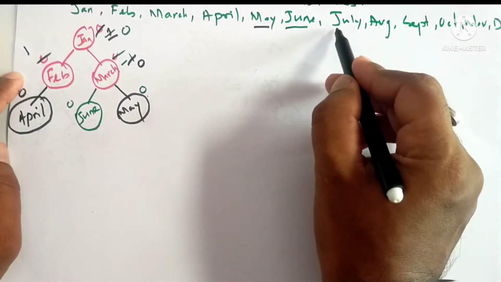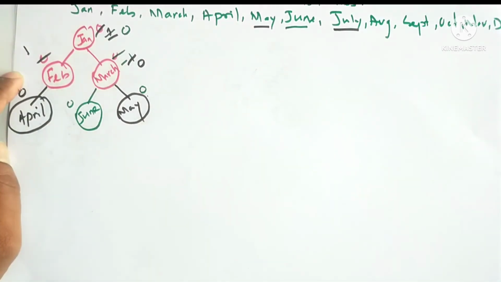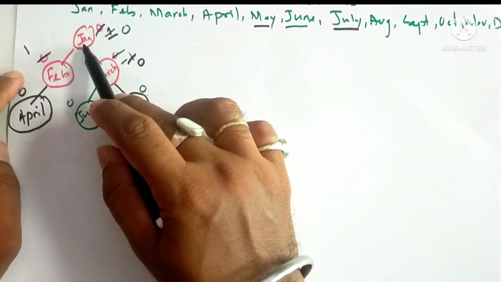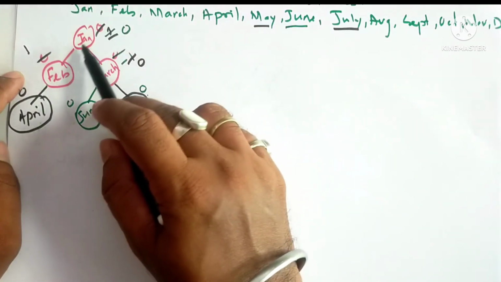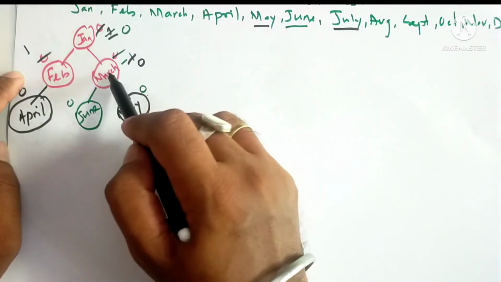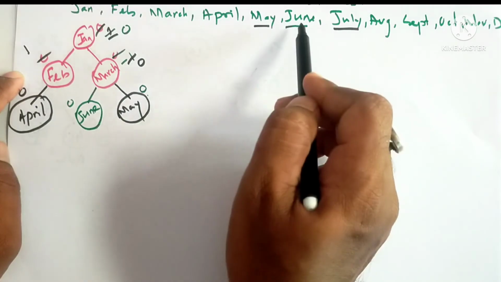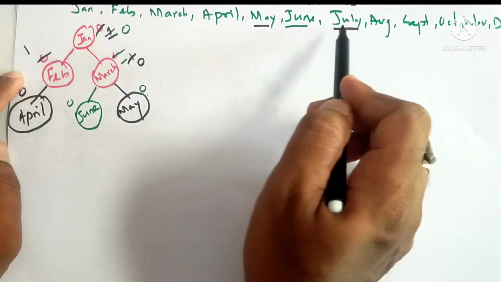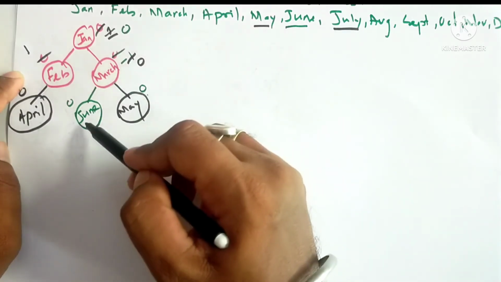so that we can go for the next element insertion, that is July. Now J is equal to J, here is J, A, January, and U is greater, so you go to the right side. That is March, so compare June and March, March is greater than July, so you go to this side.